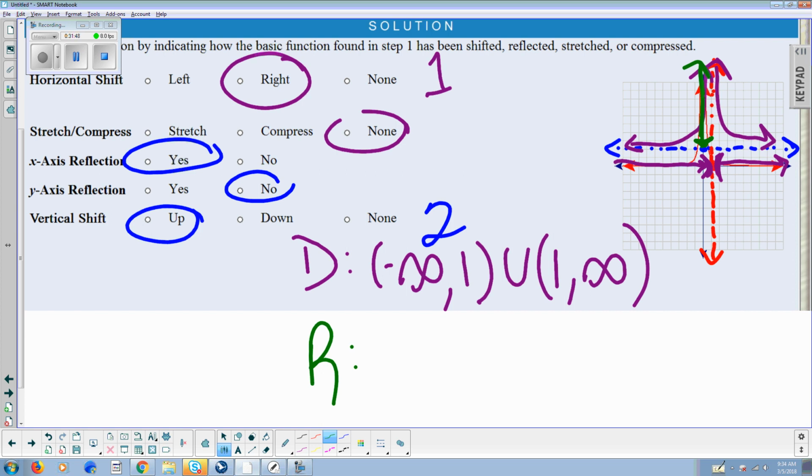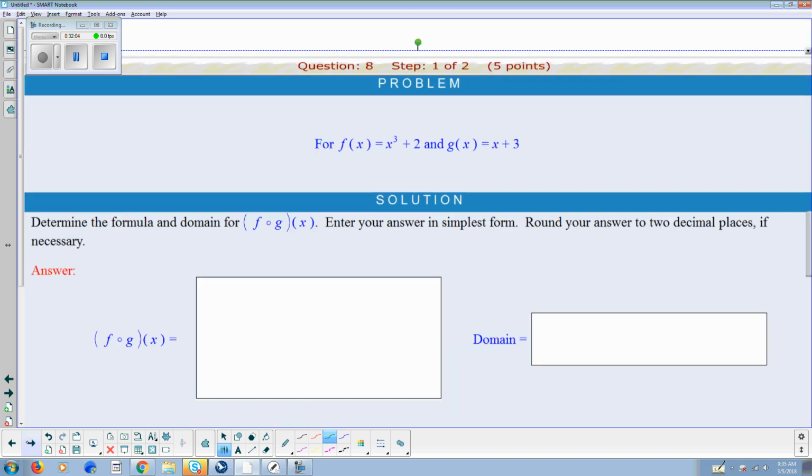It's starting at 2, but does it actually hit 2? There's an asymptote there, so it's curvy bracket from 2 to infinity. Okay, so there was your domain and range.